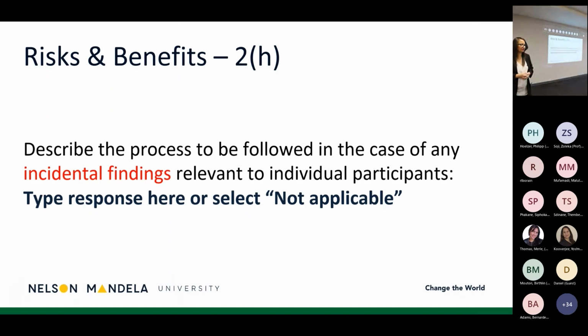Now, incidental findings, a lot of people ask, what is this? What do we mean? This is defined as any unexpected discovery that you make during the course of your data collection or analysis, and those findings are outside of the scope of your study. So, for example, you're interviewing prisoners convicted for violent crime of the highest level. They're in for life, they're lifers.